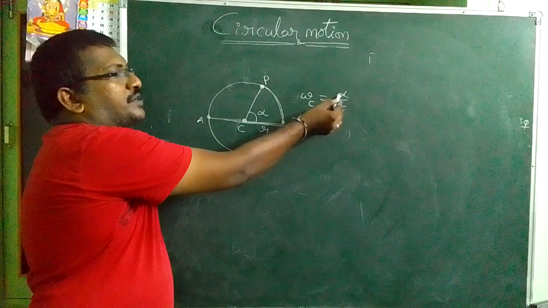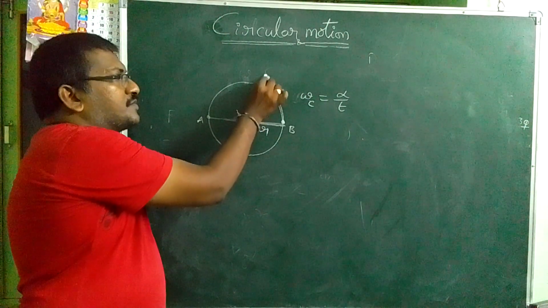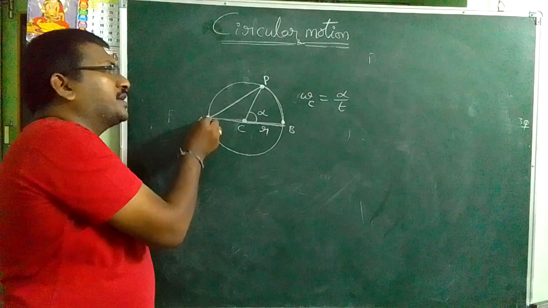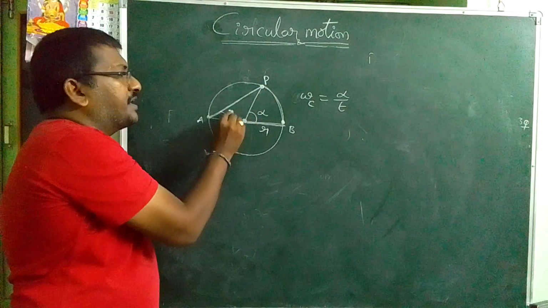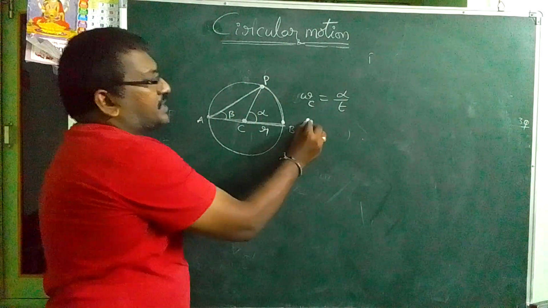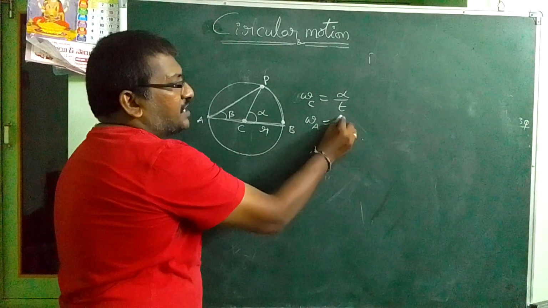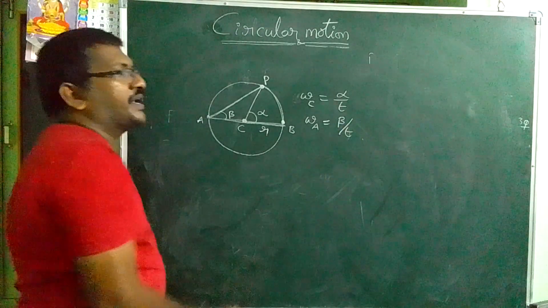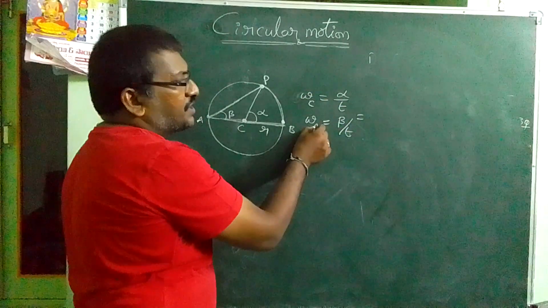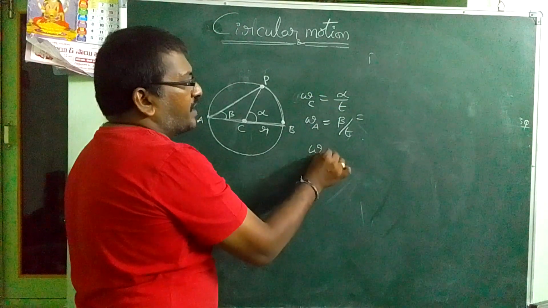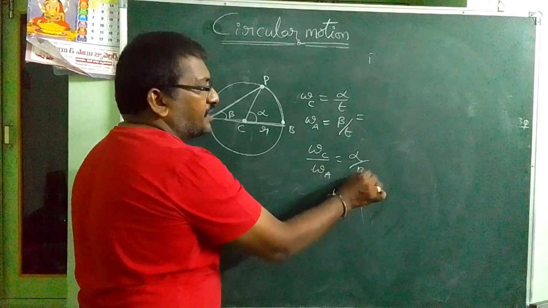In the same way, the angular velocity of the particle about the point A: in this case it makes some angle beta. So the angular velocity about A we can write as beta by t. The ratio between them, t cancels, so omega c by omega a is equal to alpha by beta.